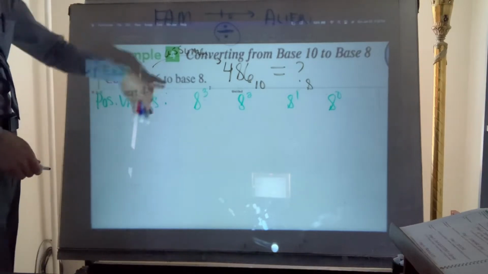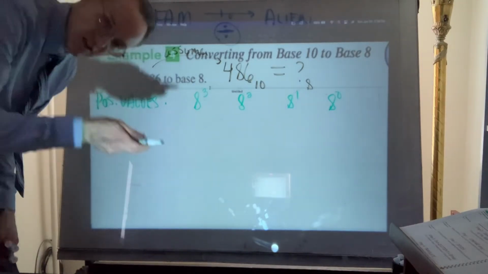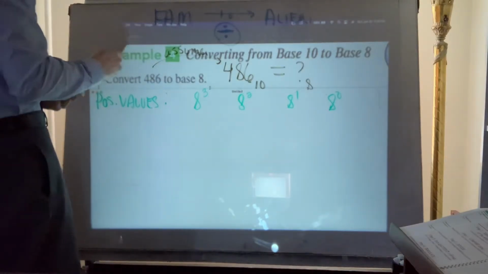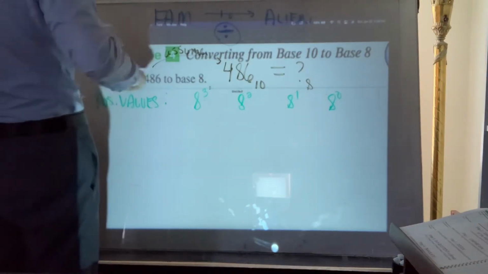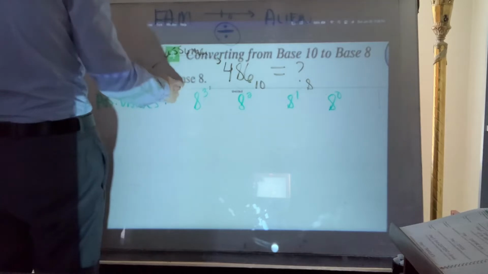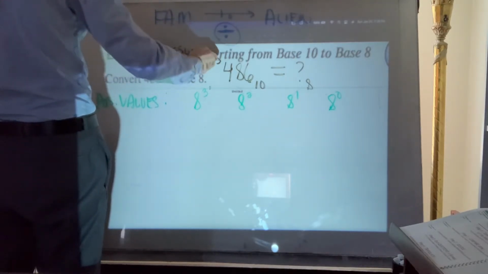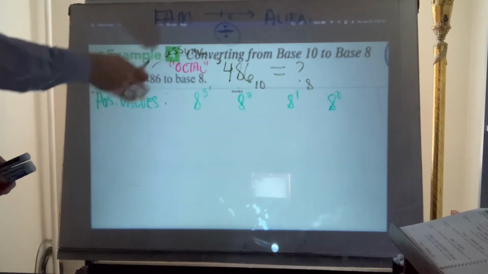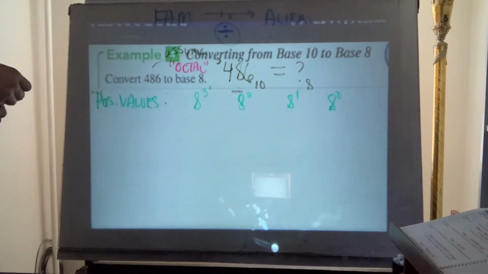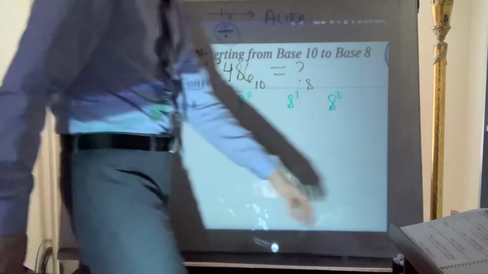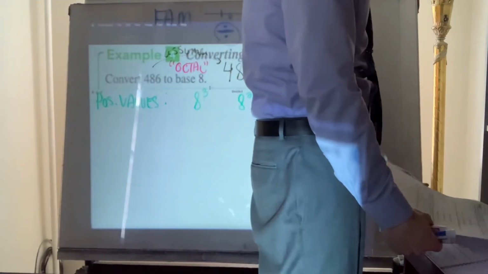Here's another thing. We're using the phrase base 8. There's an alternative name for that. Just like the alternative name for base 2 is binary, the alternative name for base 8 is octal. It's the transition between binary and hexadecimal in computers, literally.